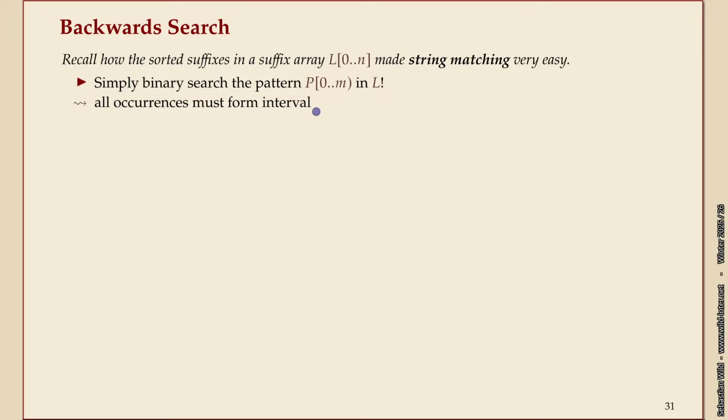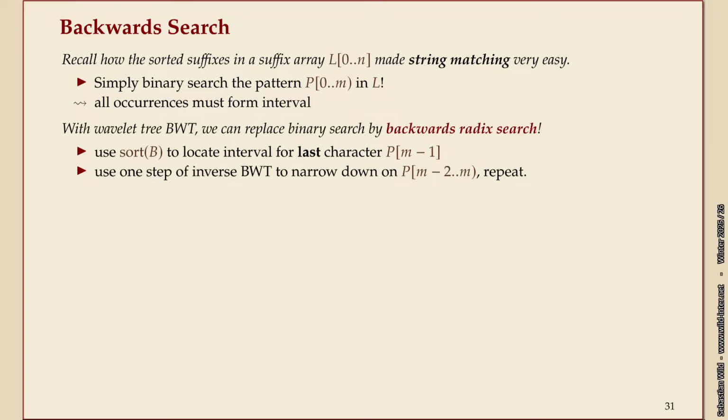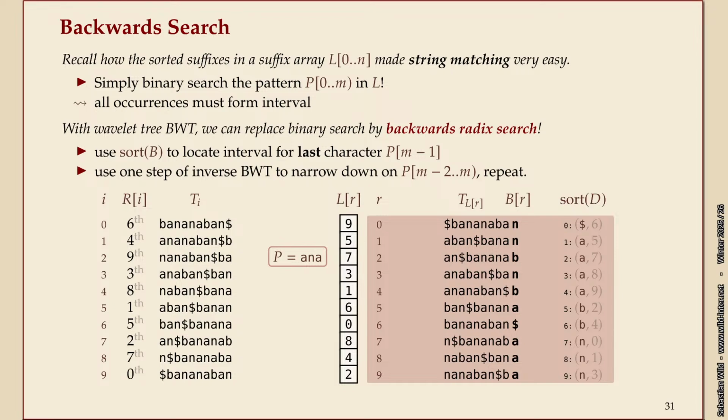We could already do a binary search, and that's all right, but that only works if we have the suffix array. Now, with BWT alone, that doesn't seem to work, but we could do a backwards radix search, a fancy name for something I haven't shown you. So let's just see an example instead.